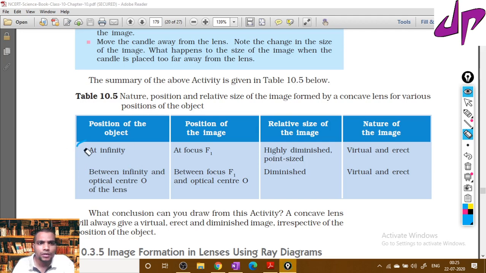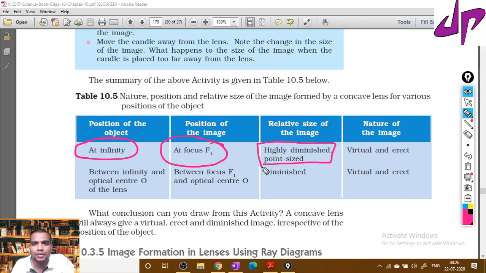If the object is at infinity, the position of the image forms at focus, and the nature of the image is diminished and point size, and the image is virtual and erect.